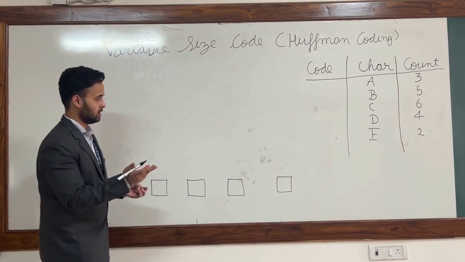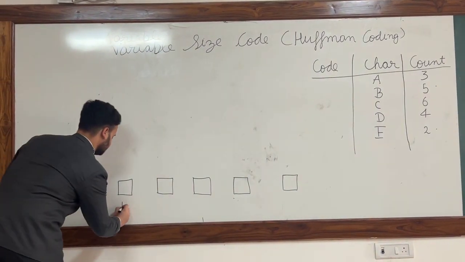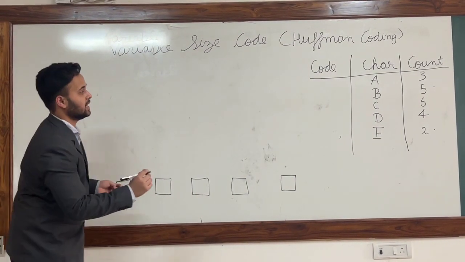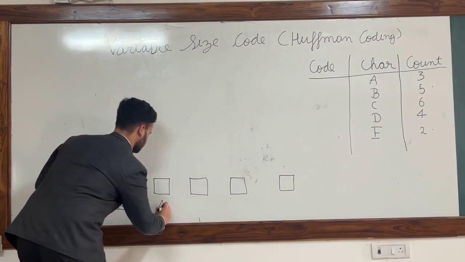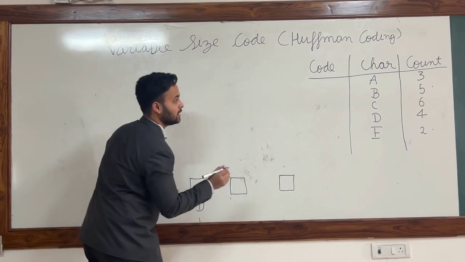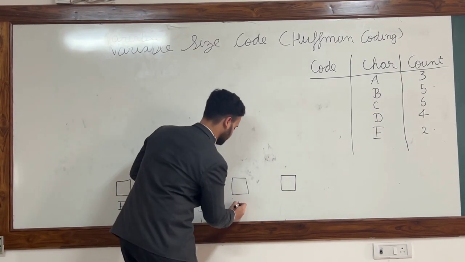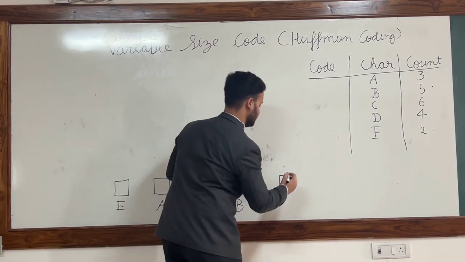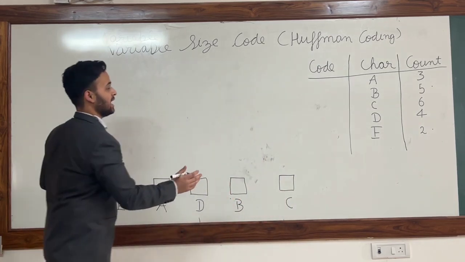So our least occurring character is E, then it is A, then comes D, then B, and then C. We will write the counts.